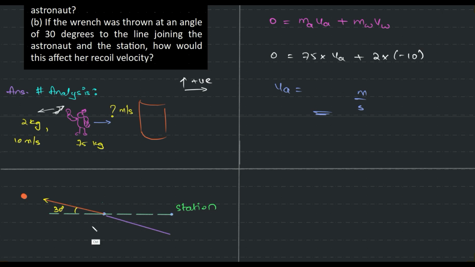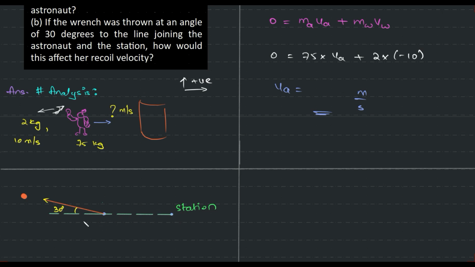Or you can think of that she got displaced this way plus this way. So basically, she is going to move at whatever speed is contributing to this direction. That is the speed with which she will be going.